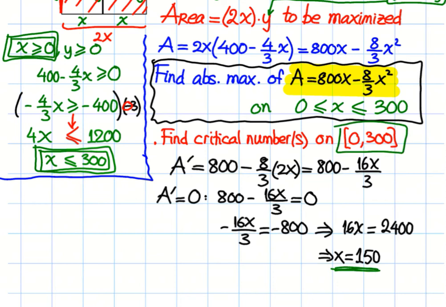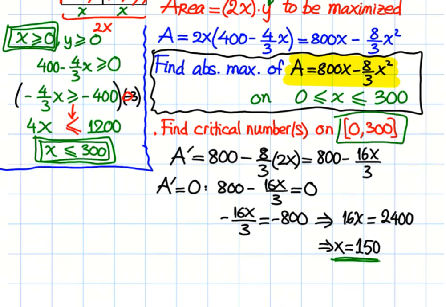So we have only one critical number in the boundary.